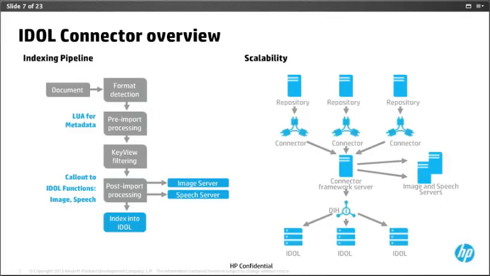So just taking a moment to look at how this operates, you can see on the right-hand side that we implement scalability from a higher-level architectural point of view by instantiating different components and allowing them to communicate with each other through configuration of the connector framework services. That foundation and structure allows for specific customizations of data extraction, data transformation, and data enhancement, and prepares the information for ingestion into the IDOL server engine.